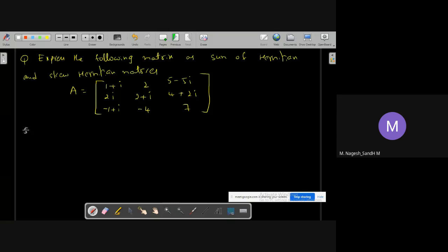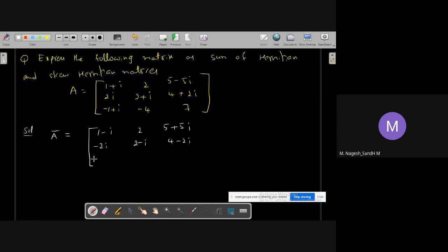Solution: after getting A, you take A conjugate. So what is the A conjugate? 1 minus I, 2, 5 plus I. What is the 2I conjugate? Minus 2I, very good. 2 minus I, 4 minus 2I.